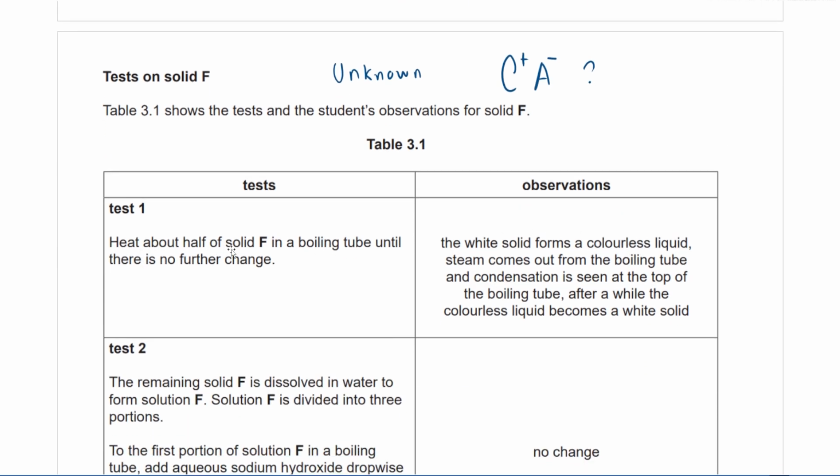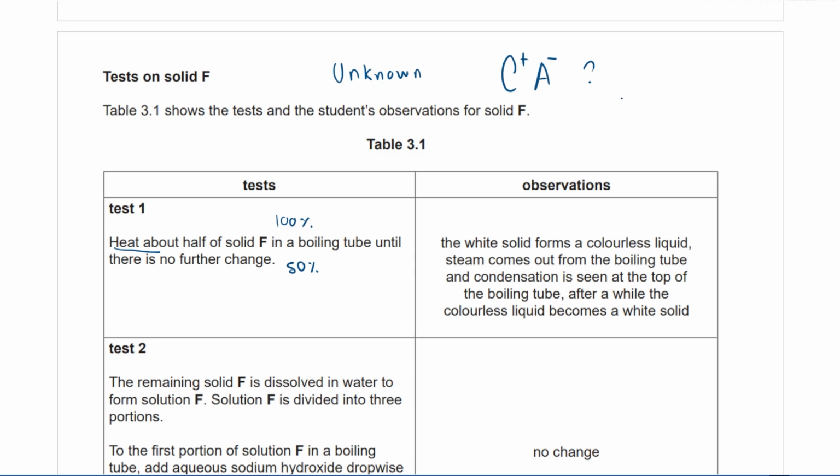So here, about half of the solid F is going to be heated up in a boiling tube until there is no further change. And what you can see from that, the white solid forms a colorless liquid. Steam comes out from the boiling tube.